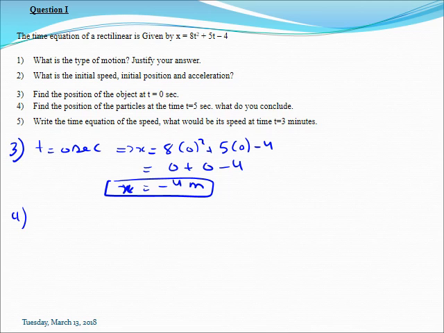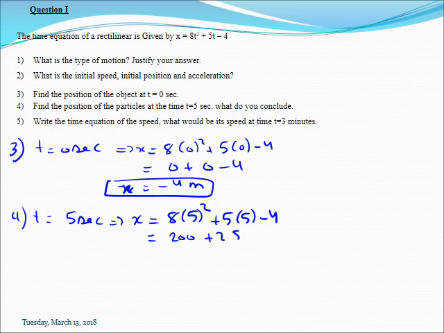Find the position of the particle at time t equals 5 seconds. At t equals 5 seconds, x equals 8 times 5 square plus 5 times 5 minus 4 equals 200 plus 25 minus 4 equals 221 meter. So x equals 221 meter.